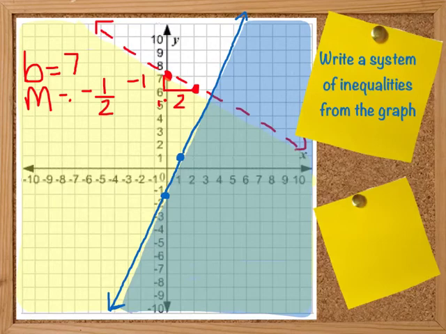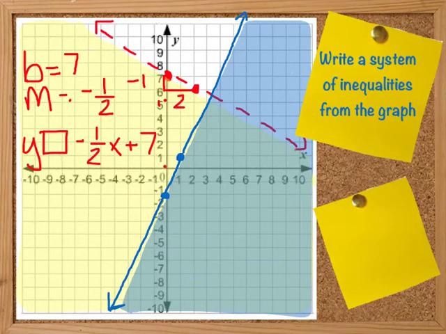We will write our equation, and we have y is something to negative 1/2 x plus 7. Now if I look here at 0, 0, again that's my favorite point to choose because it's the easiest. I see that it's part of the solution. It's part of the shaded area. So I need to make a statement that is true.